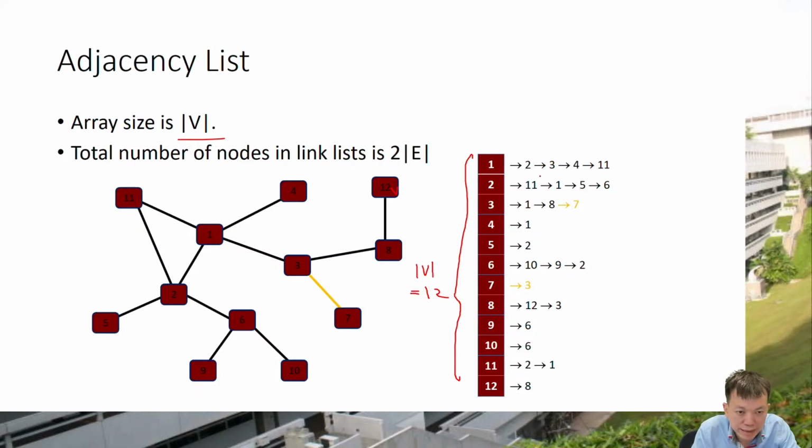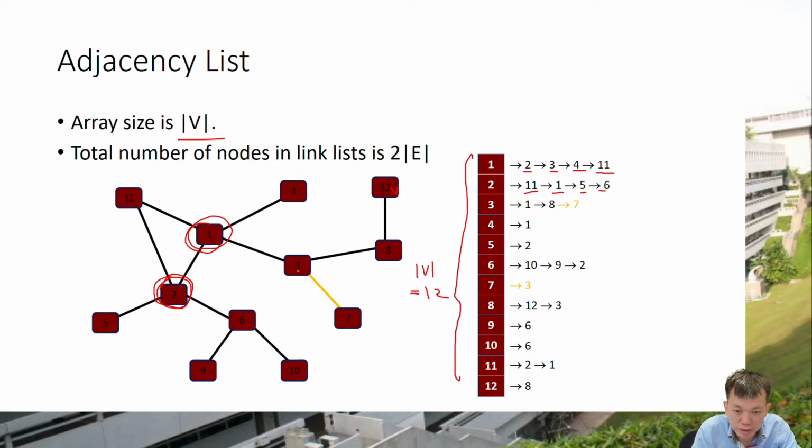Then these are the edges. For example, vertex 1 is connected to 2, 3, 4, 11, so the corresponding linked list has 2, 3, 4, 11. Vertex 2 is adjacent to 1, 5, 6, 11, and so on and so forth.